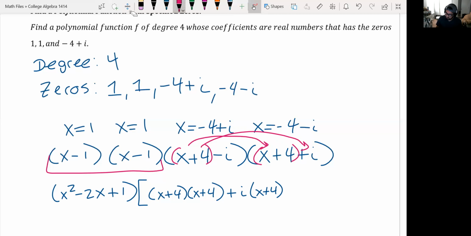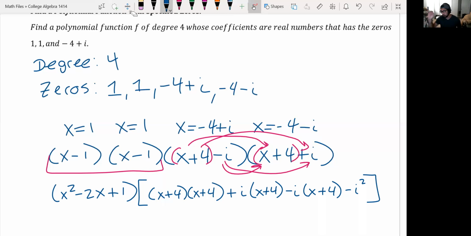And then now, take this negative i and multiply by the x plus 4, and that'll give you negative i times x plus 4. And then take this negative i times that i, and that'll give you negative i squared. Close bracket. Okay, trust me, this is a lot better than doing the distribution 3 times each for all 3 terms. Foiling this is going to be a lot easier.